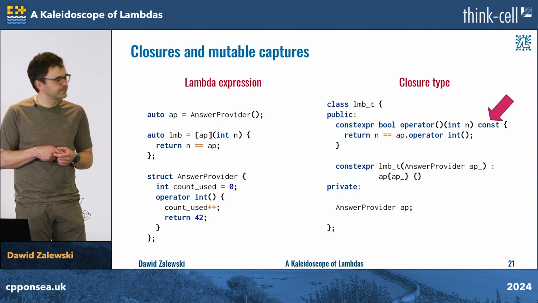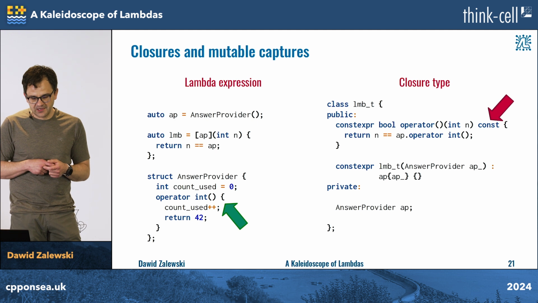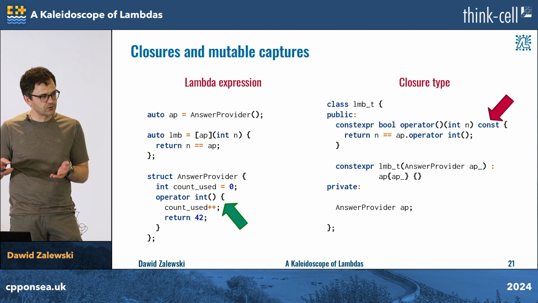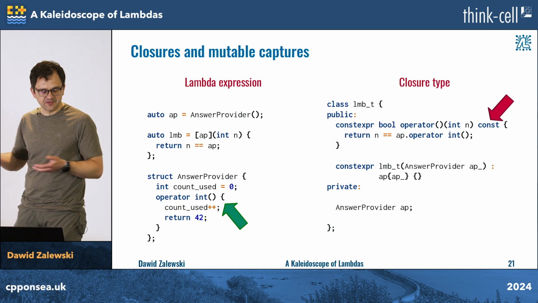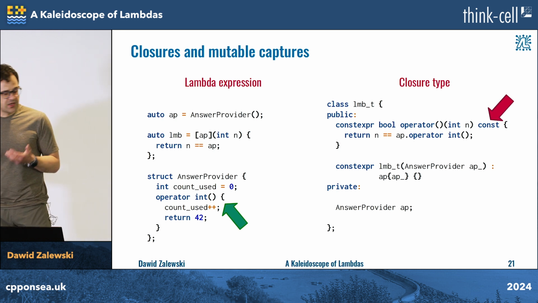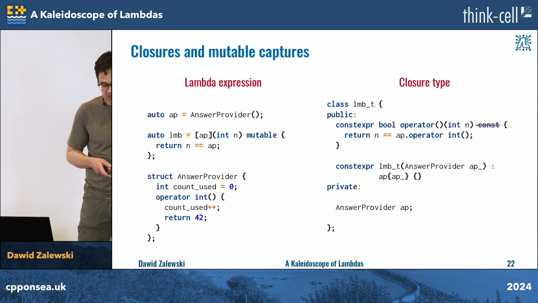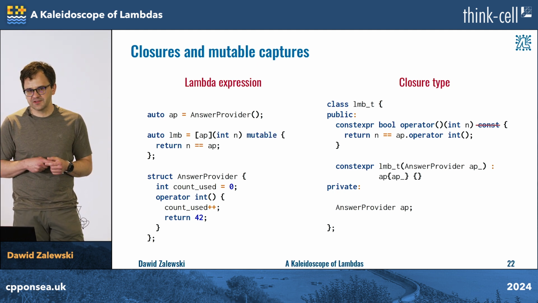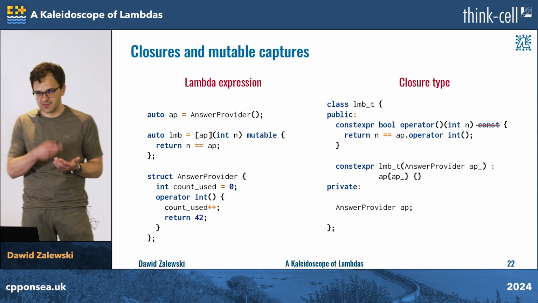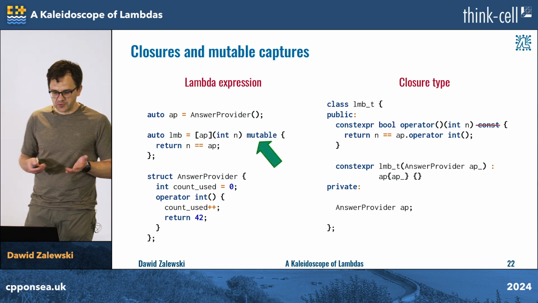So that's pretty much our problem. One is constant, but the function that we are using in the lambda calls a non-constant function on a possible data member. And that's a no-go. You cannot combine those two. At this moment, you have two solutions. You either add the keyword mutable to the lambda, to express your idea that this lambda can mutate its members or the captured objects, and the const disappears, and we are all good.